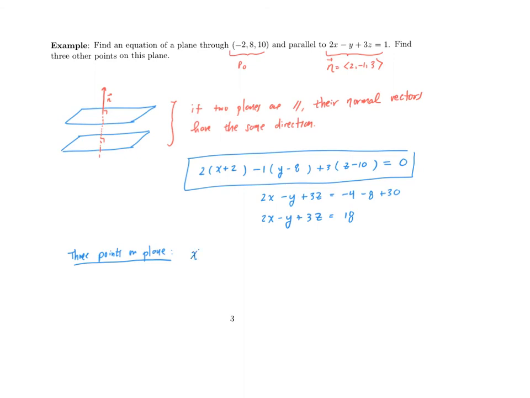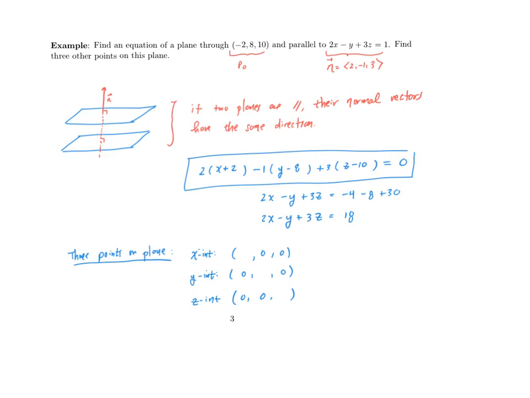So the x-intercept would correspond to y and z both being 0. The y-intercept would correspond to x and z being 0. And the z-intercept would correspond to x and y being 0. And now by investigation, we can easily come up with those remaining values. For example, if y and z are 0, 2x is equal to 18.